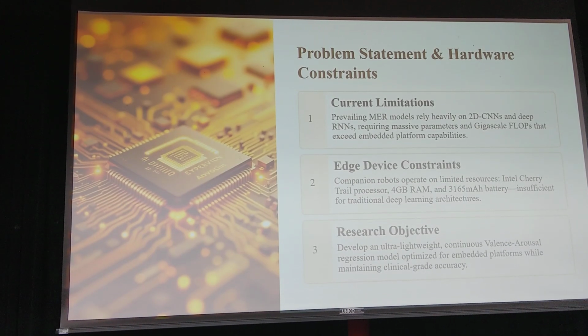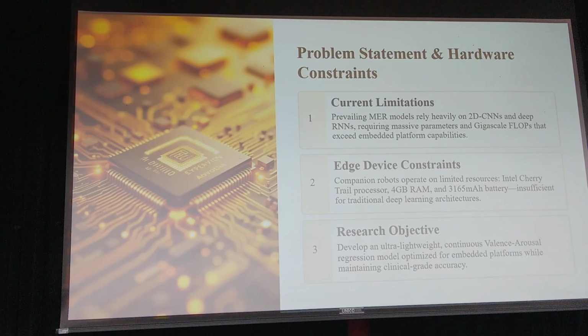However, current state-of-the-art MER models rely heavily on massive 2D convolutional neural networks and deep RNNs, which require tens of millions of parameters and execute in the giga-scale FLOPs range.